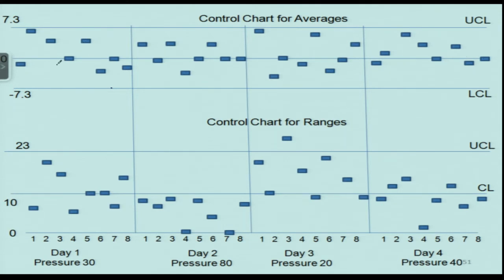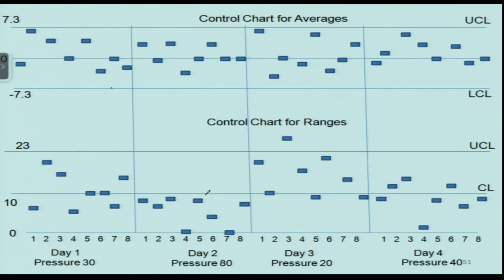You don't seem to see any major effect of the pressure on the X bar values. However, when we take a look at the range, you see something interesting. The range values for 30, as you see, are relatively stable.